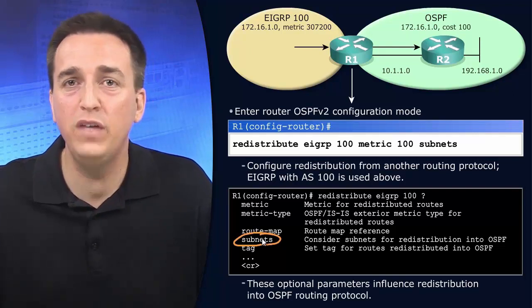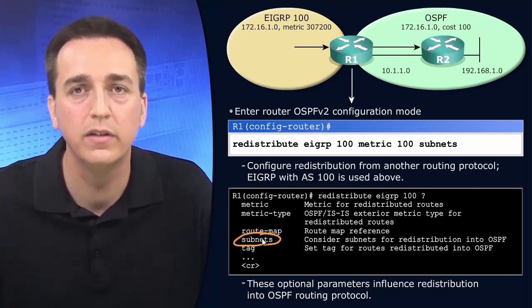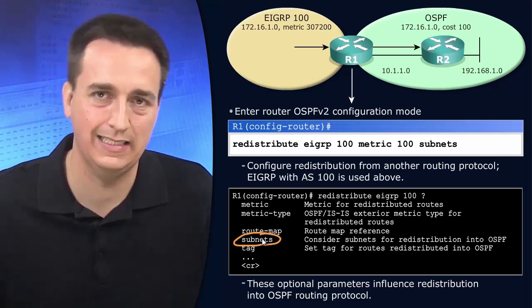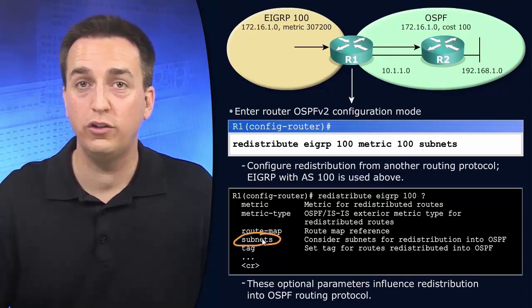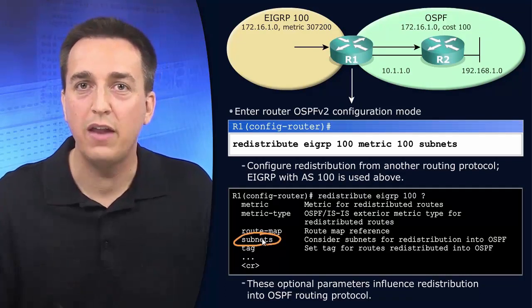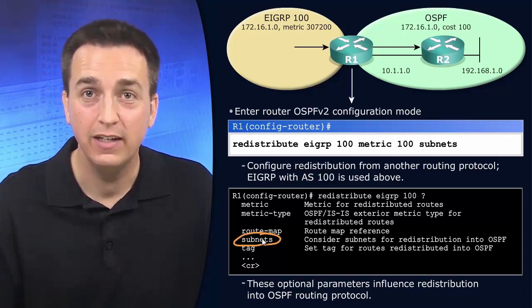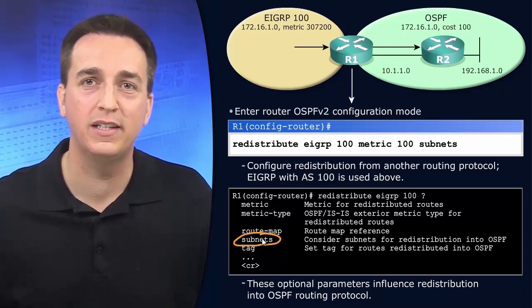If you've done VLSM, variable length subnet masking, which more than likely you have for IPv4, you're now dealing with classless networks. If you want to redistribute networks that are not default class A, B, or C using their default masks, then you need this subnets keyword.